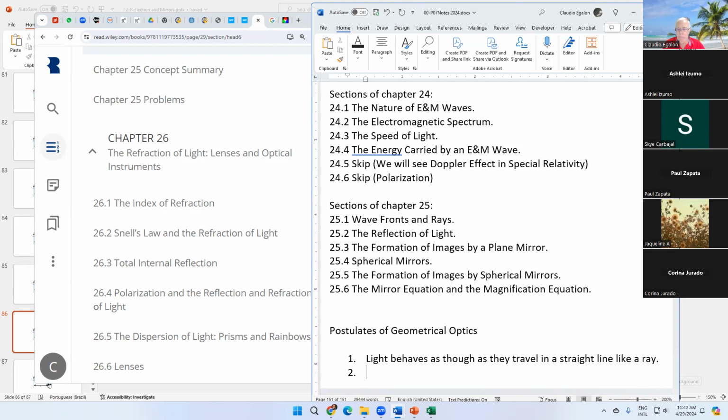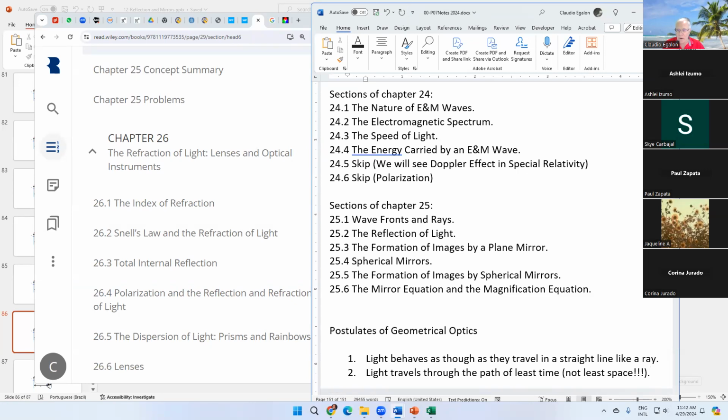You saw that, right? Another important postulate is that light travels through the path of least time, not least space. Very important.